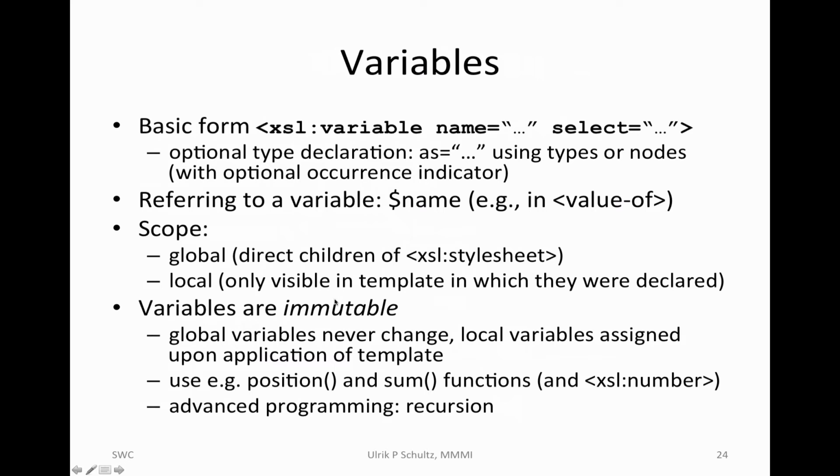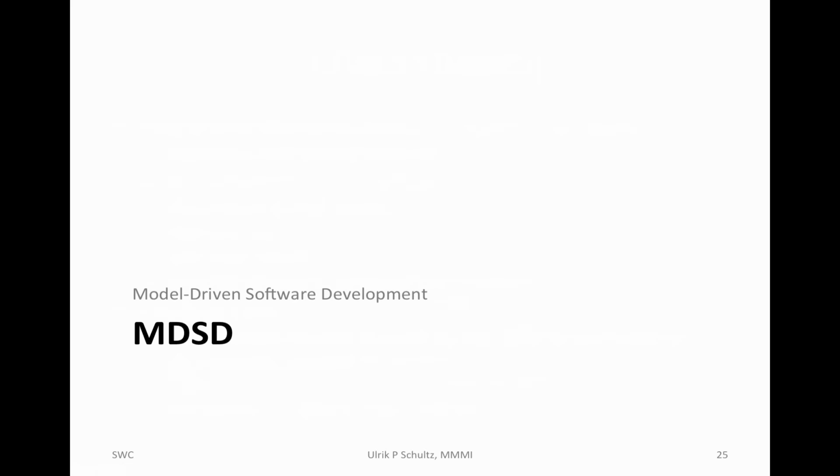But we can use other things like the position of a node or summing up things, and we can also do some recursive programming to get values that change as we're processing. So that was the very quick overview of XML and XSLT, and now I'll proceed with model-driven software development.